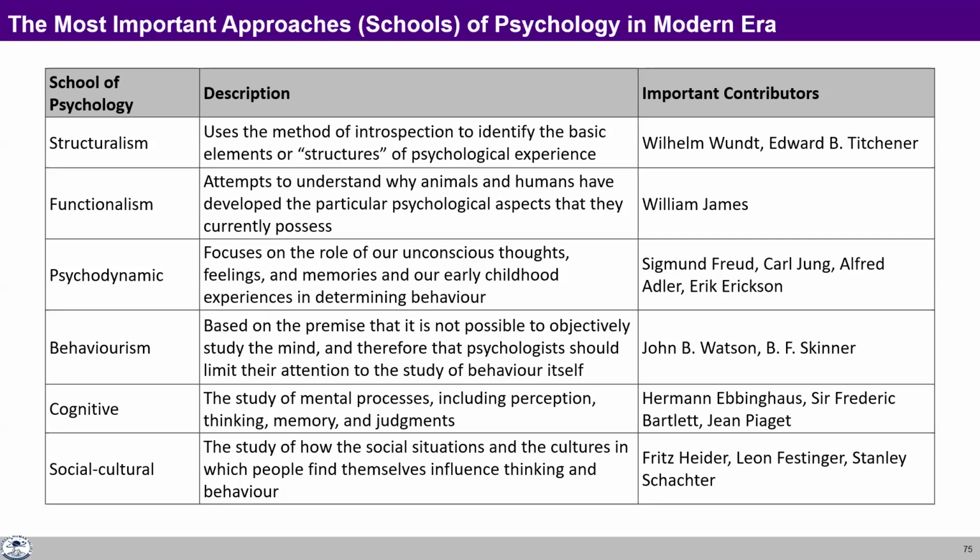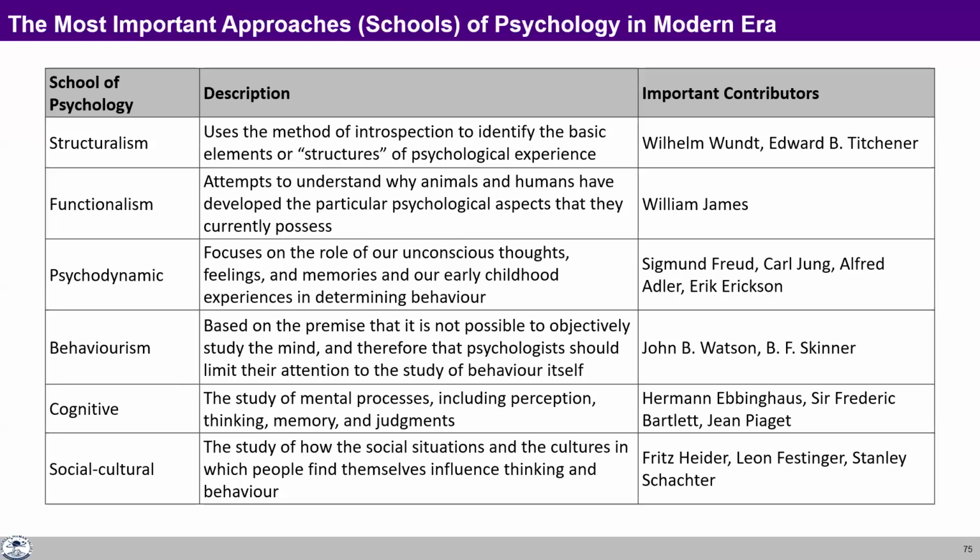The second school is functionalism. So here they were trying to look at the function of psychological experience. Functionalism was basically driven by Darwin's theory of evolution. So how does a human being adapt? That was the basic approach taken here. So it attempted to understand why animals and humans have developed the particular psychological aspects that they currently possess.